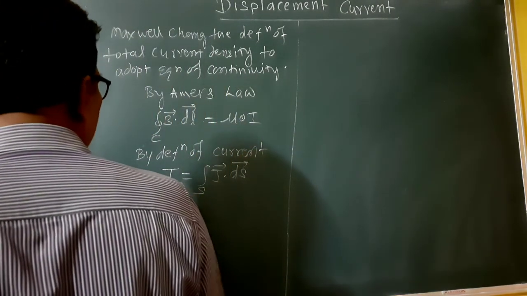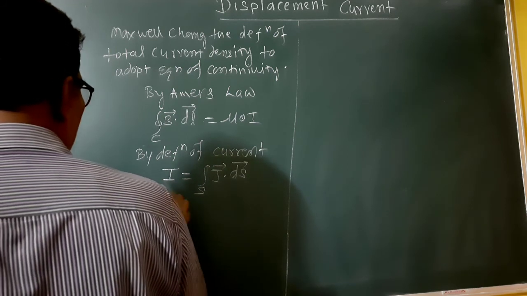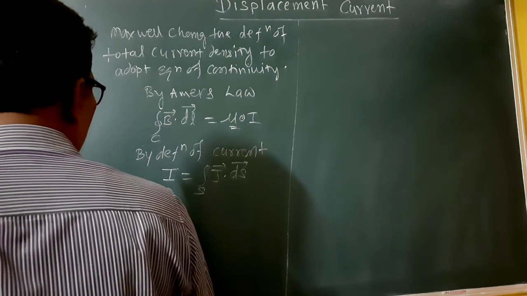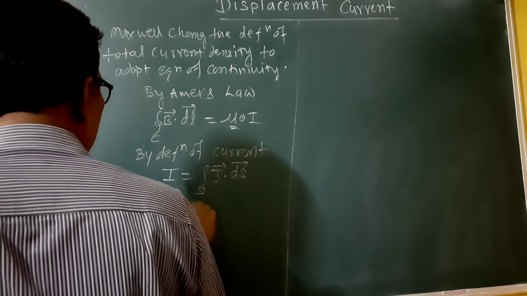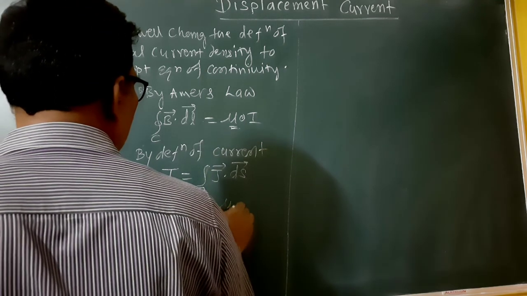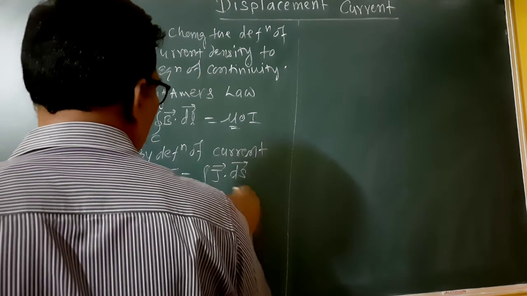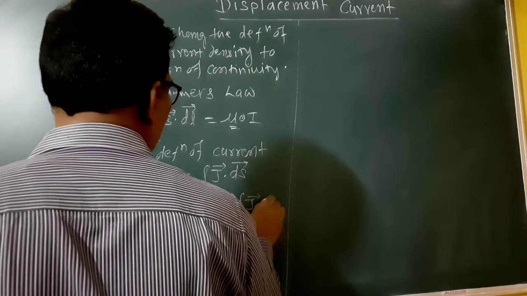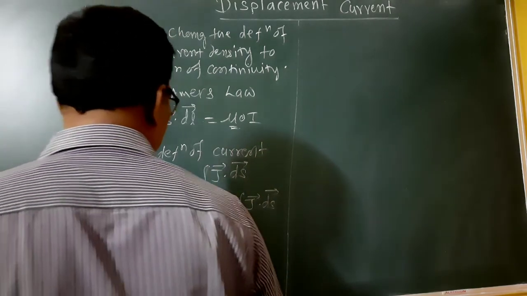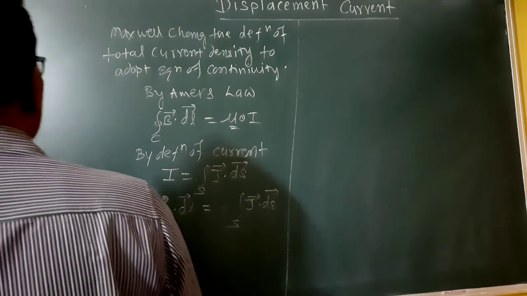The above equation becomes, dividing by mu 0, the line integration of B bar by mu 0 into dl bar is equal to the surface integration of J bar dot ds bar, where I is nothing but J bar dot ds bar, and mu 0 comes here. What is B by mu 0?